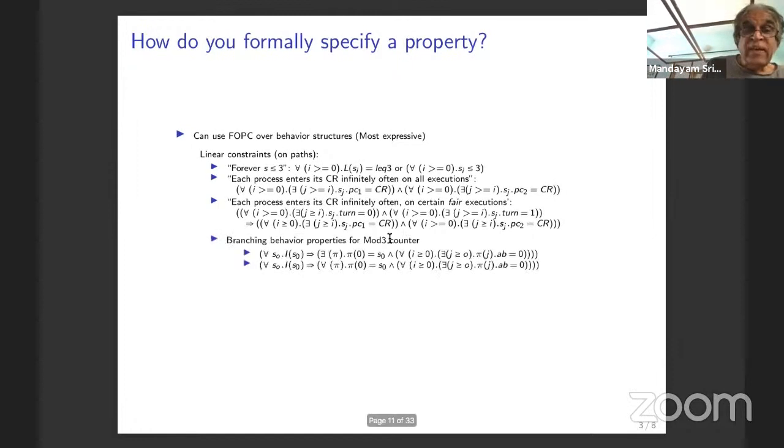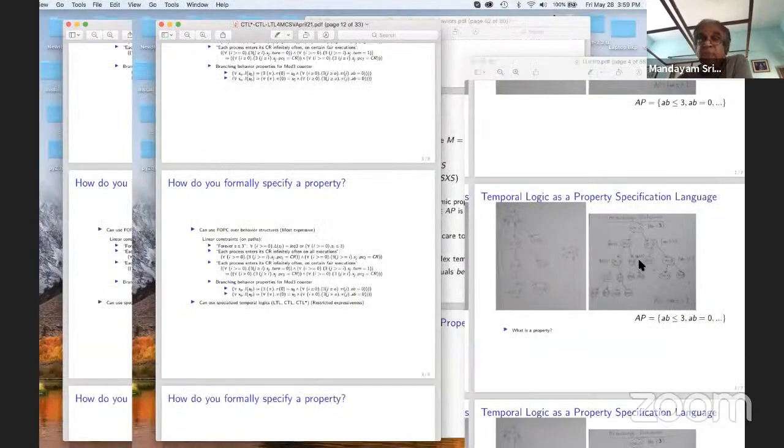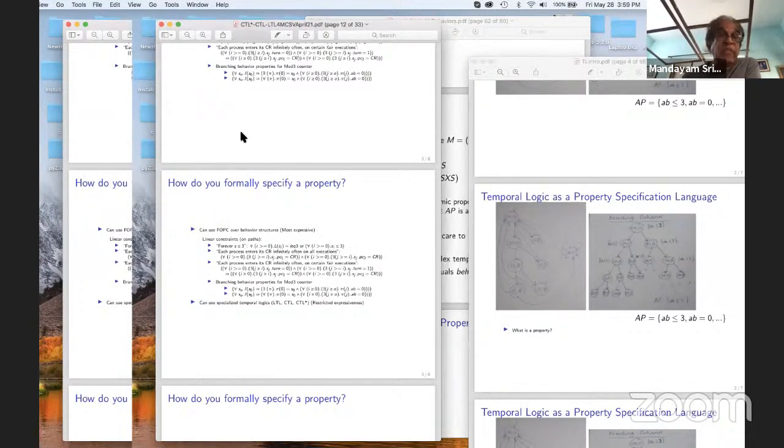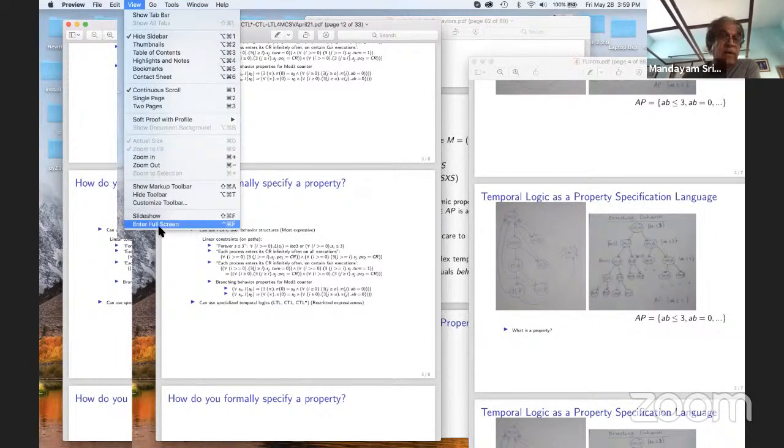But similarly, branching behavior also for the mod 3 counter can be specified that way.